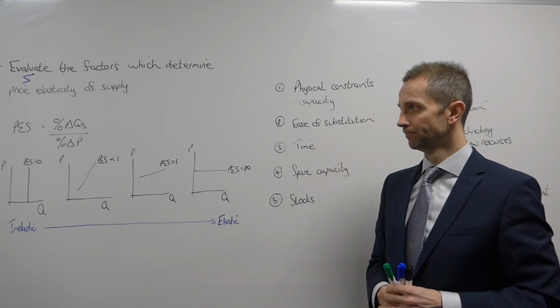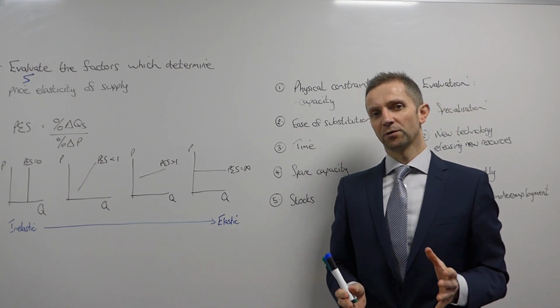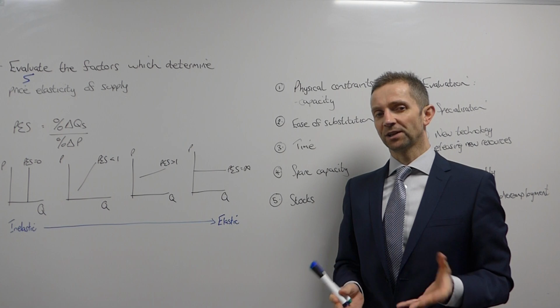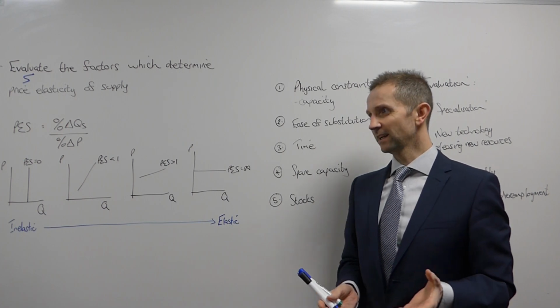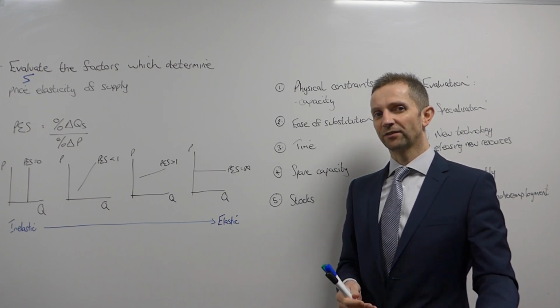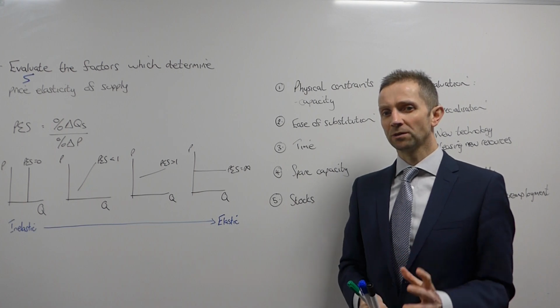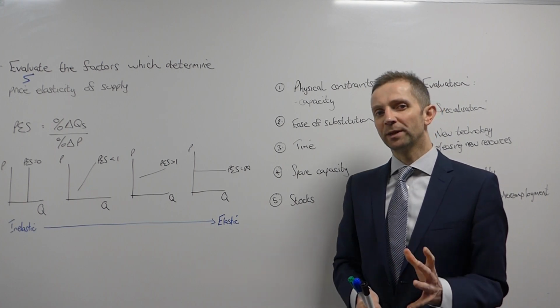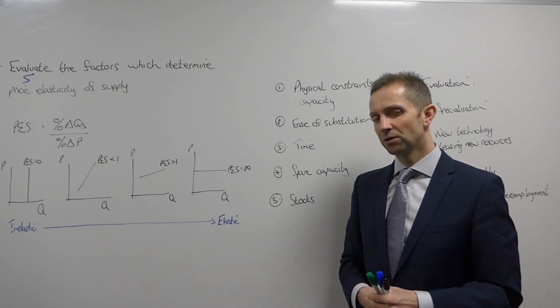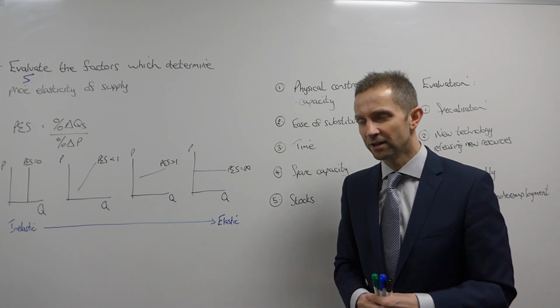Thirdly, the time. For some goods, let's say Christmas trees, or anything where there's quite a significant lead time, in the short term the supply will be relatively fixed because you have to plan quite far in advance.